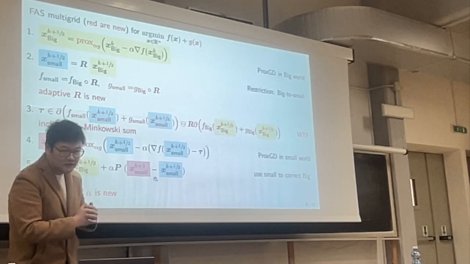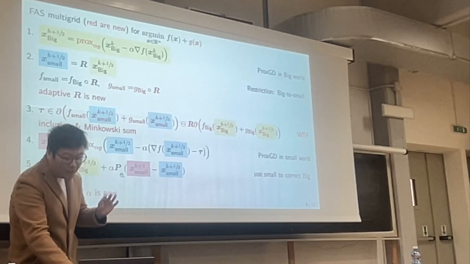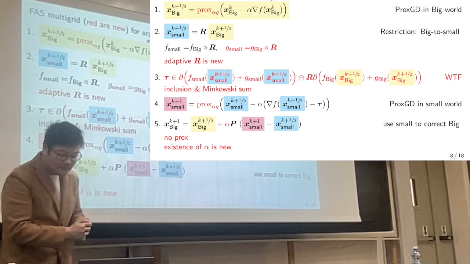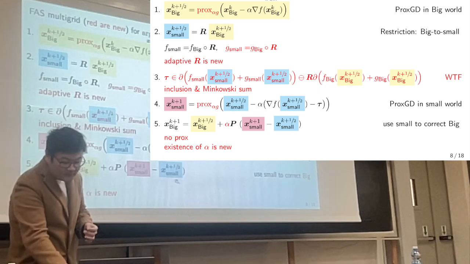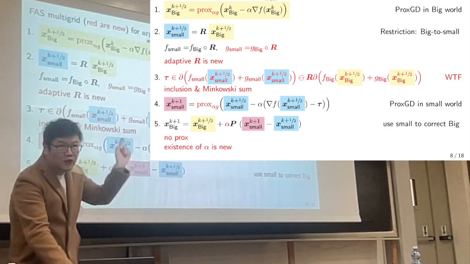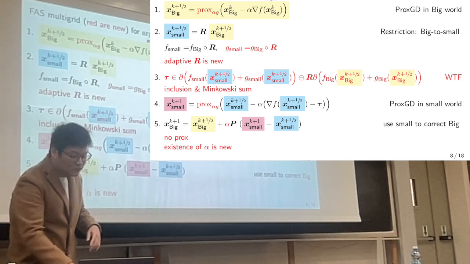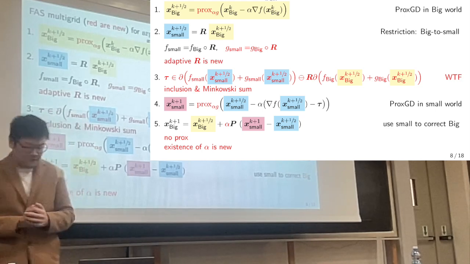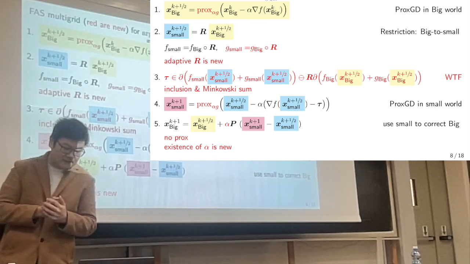And this direction, I make it back to the big world by doing the P called prolongation, just basically the opposite of R. So now this is in the big world. And then there's an alpha, just think of it as 1 for simplicity. I add it to big X. Then this is now my X k plus 1.